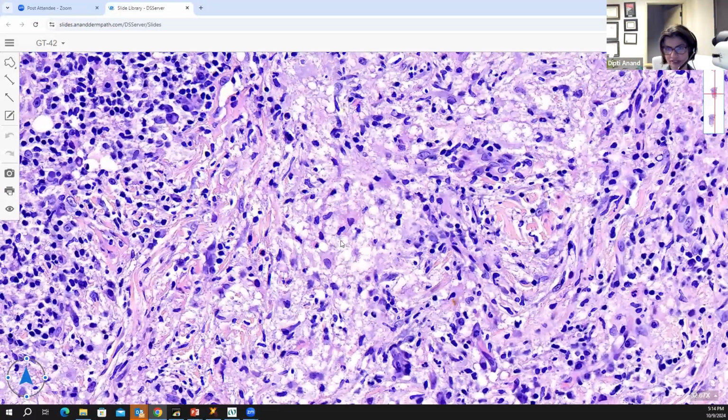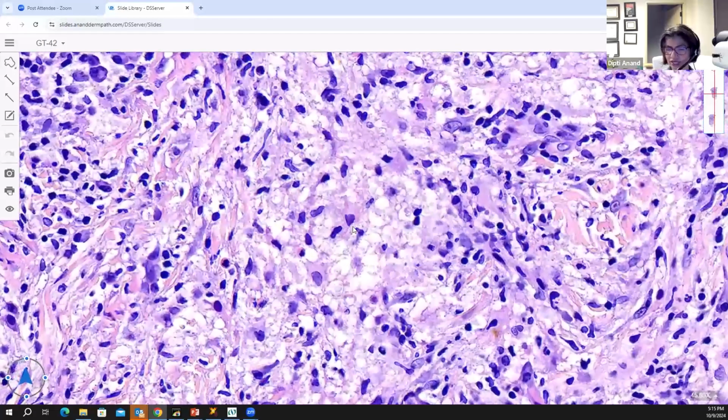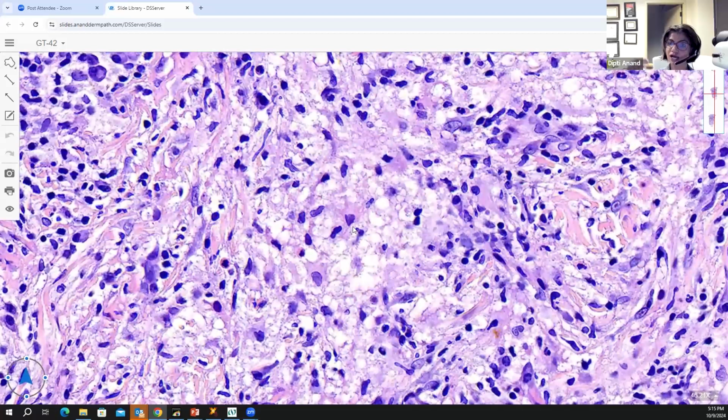So how do you recognize it? The way I want to teach you is that you look at the nucleus. Tune out the background noise, which is the cytoplasm, because that's difficult. Just look at the nucleus. You will have two colors of nuclei, the darker one and the lighter one.